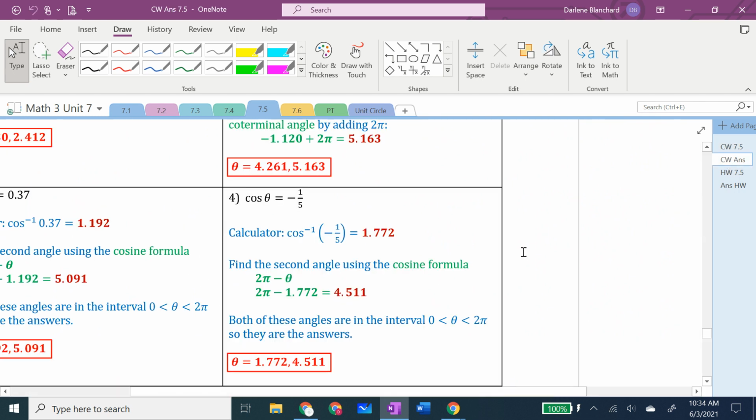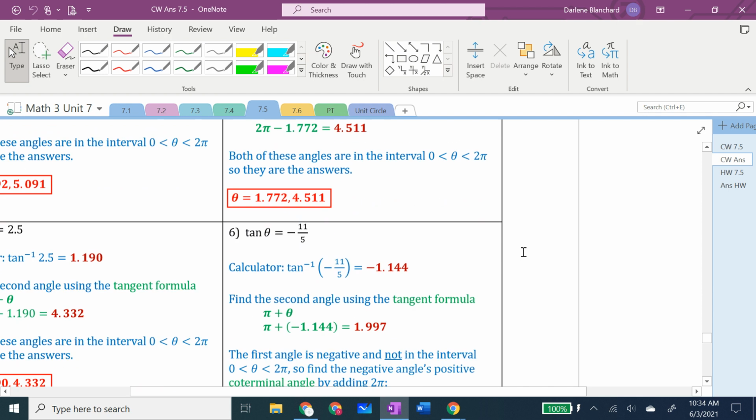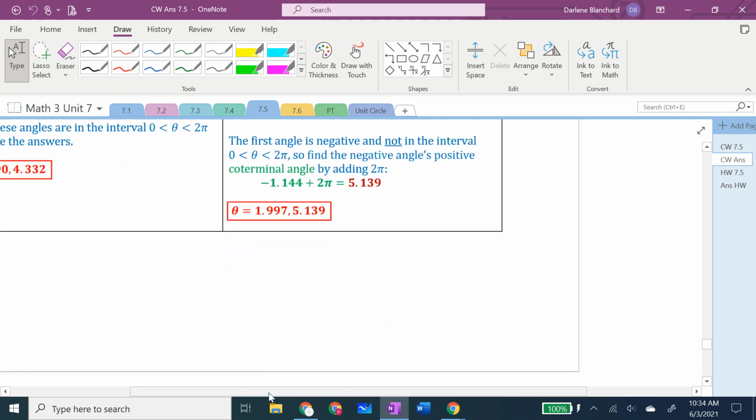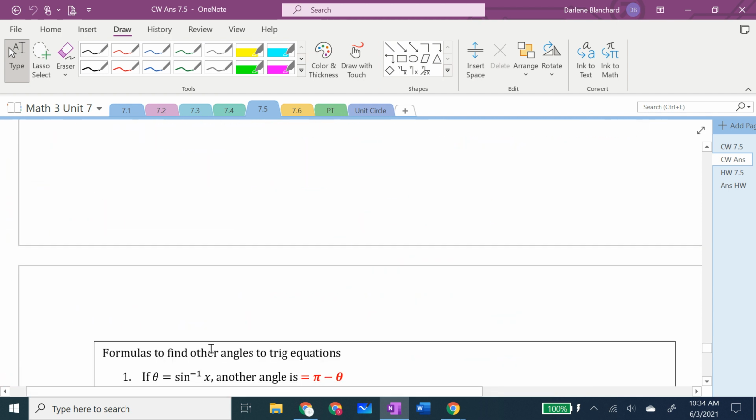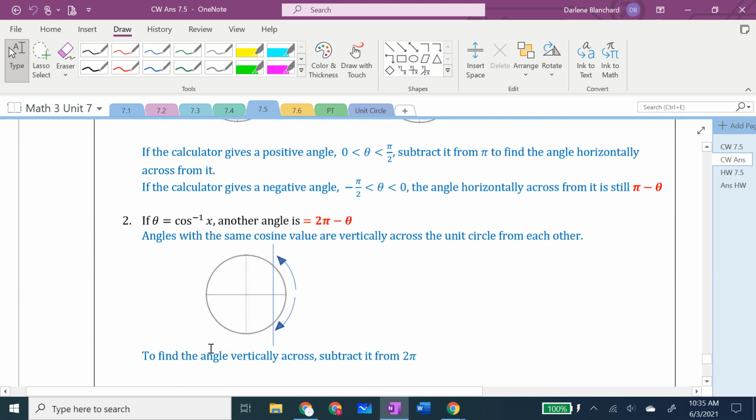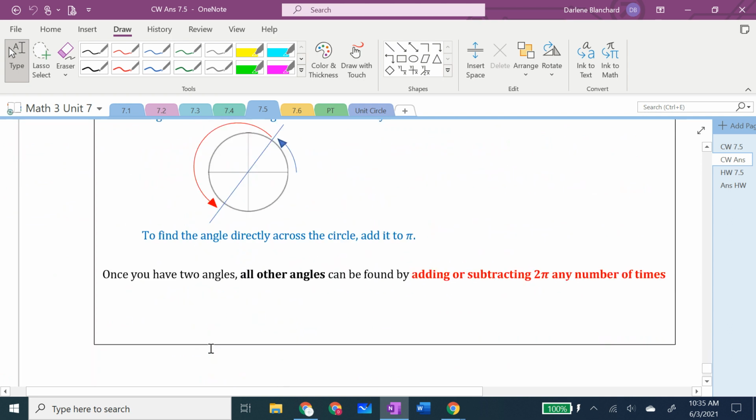And let me go over here. What was I meaning to say at that last bit? Oh, yeah, that's what I was saying: once you have two angles, take those two angles, add or subtract 2 pi any number of times, and you'll have every single possible solution to those equations.